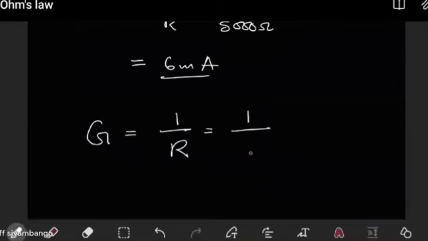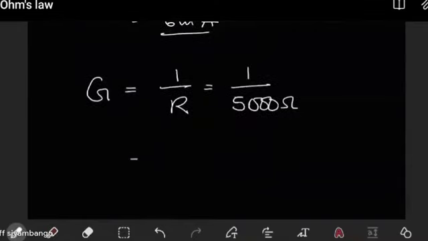We have to convert it to ohms. This will be 5,000 ohms. When you do the division, this will come out as 0.2 by 10 to the power minus 3 Siemens, or you can write it as 0.2 millisiemens. That becomes the conductance.